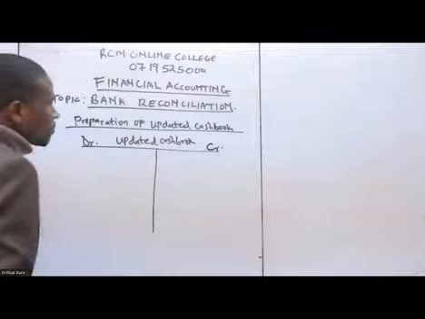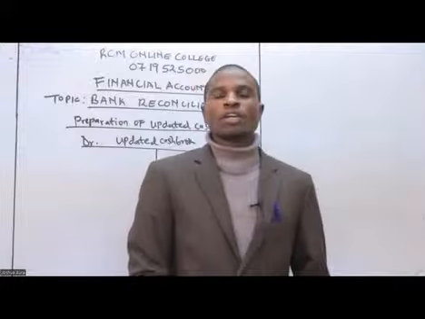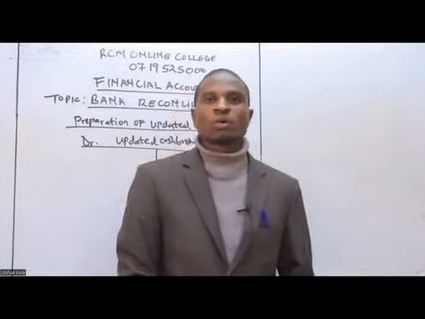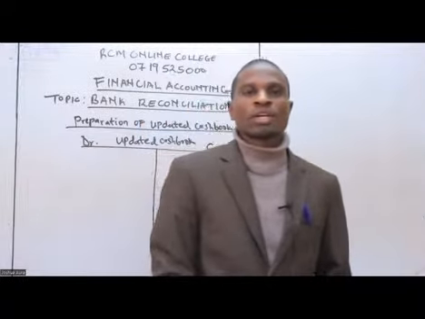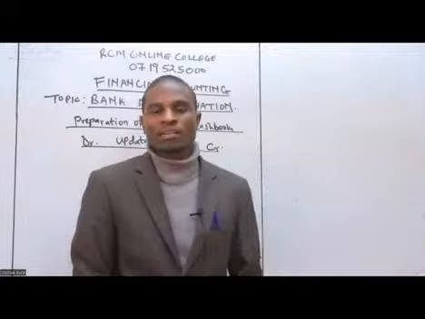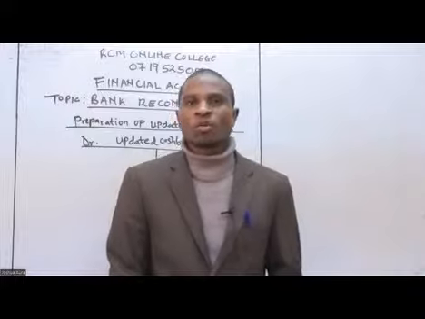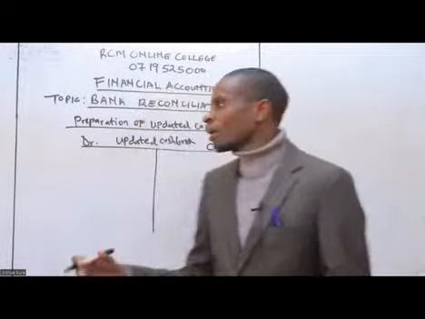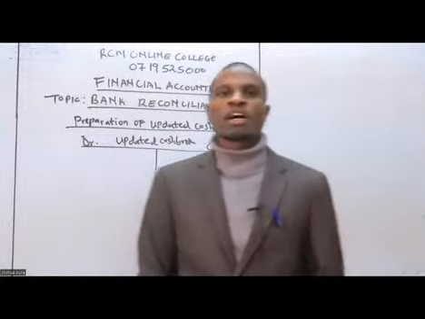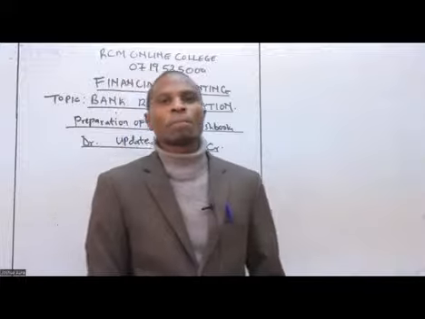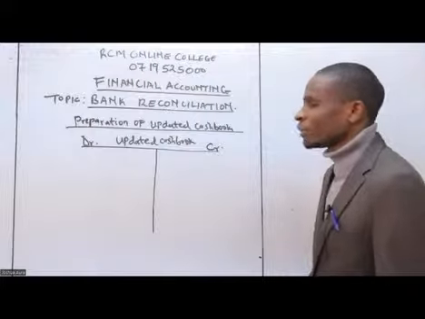As you are aware, usually we debit what comes in, and we credit what goes out. That is, we debit the receipts and we credit the payments. Whatever we have as an item of receipt, we shall enter on the debit side, and whatever is a payment, we shall credit on our updated cash book.